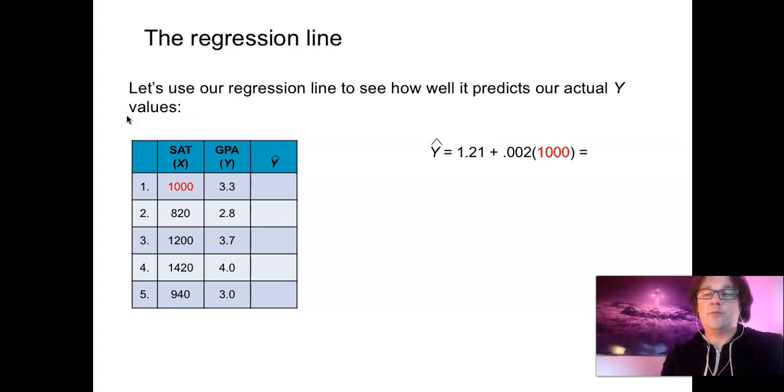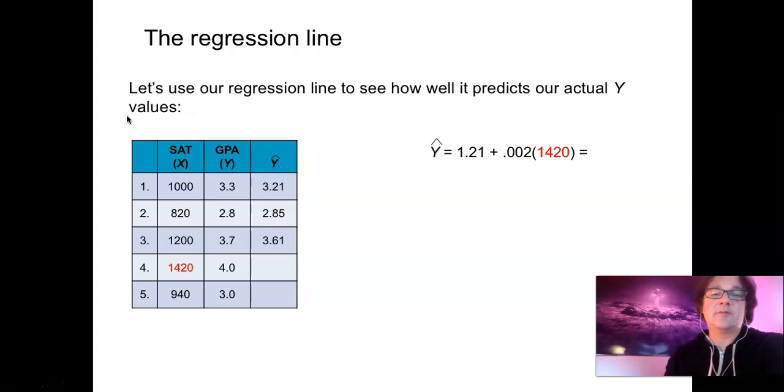The first one, 1000, yields a predicted Y score, Y hat, of 3.21. So boom, we'll put it in the predicted column. Our next score, 820, we already did this one, but let's do it again. We get a 2.85 as a predicted score. An SAT score of 1200 will yield a predicted score of 3.61.